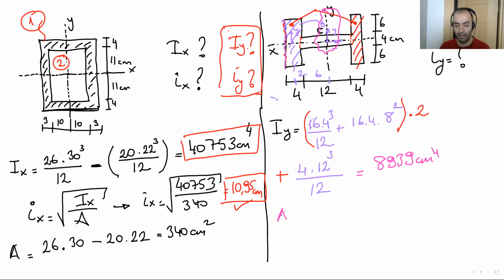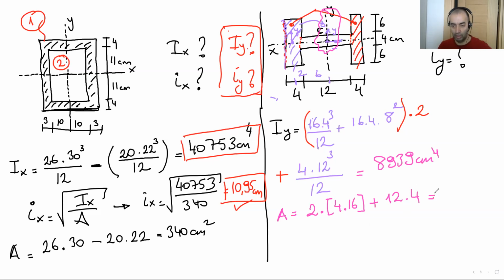Now I'm going to calculate the radius of gyration. I need the area for this. Area is here: the first 2 is coming from the number of these vertical members, so 2 times 4 times 16, plus the web area, which is 12 times 4.